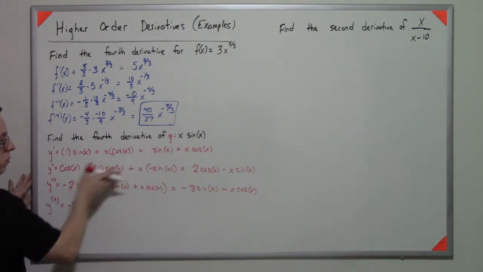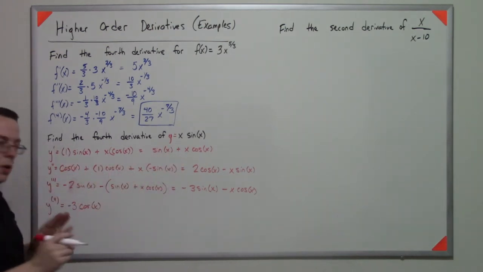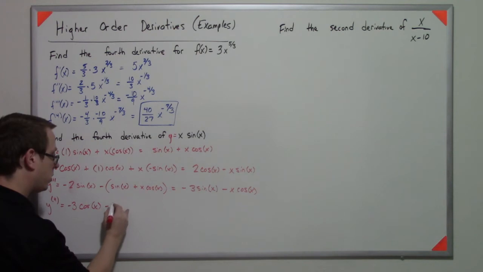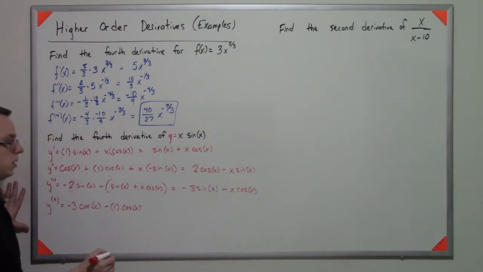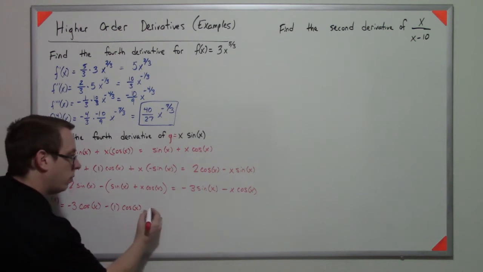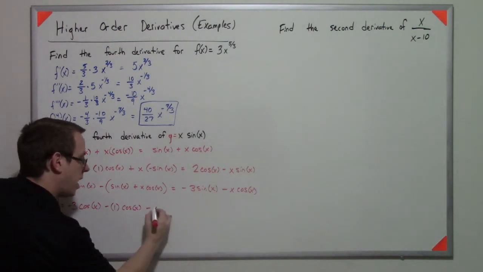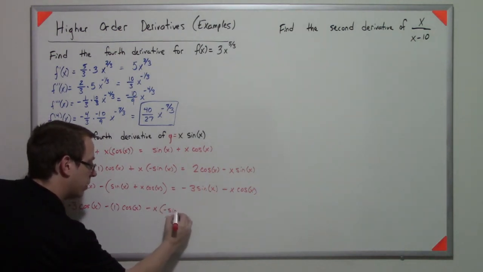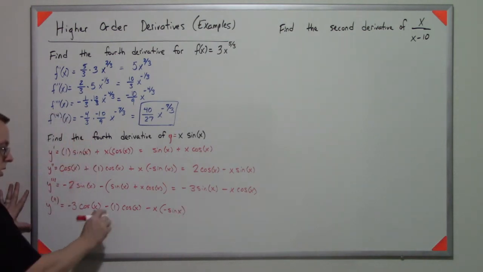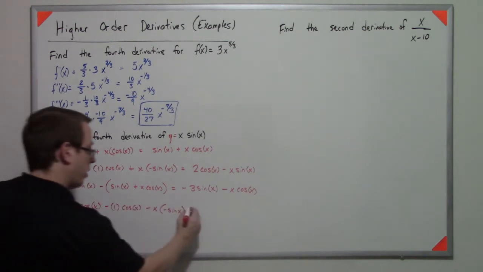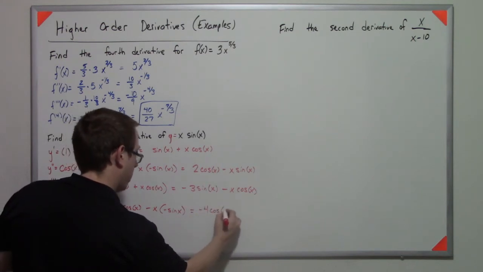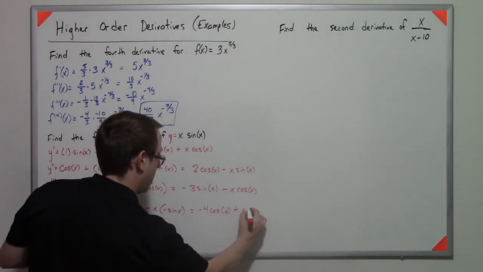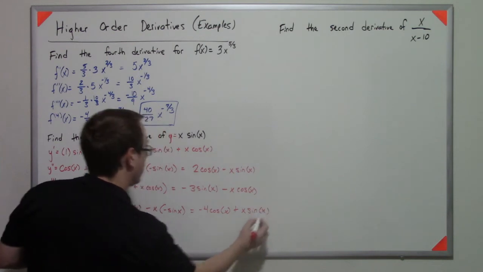We could piece it out from this, but let's just go ahead and do it. So we'll do minus 1 cosine x, and then minus x negative sine of x. So what you find is you end up with minus 4 cosine of x plus x sine of x.